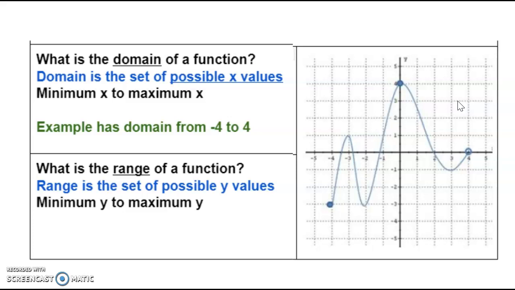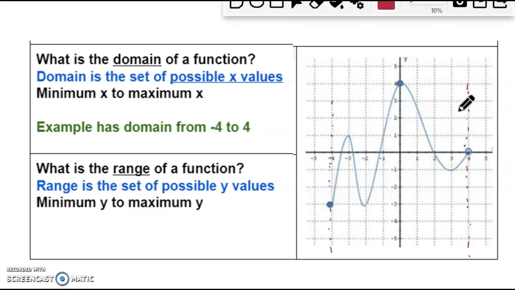So if I was to use my pen and draw here, it extends from, okay, that's the maximum y that we have, and then this is the minimum y. So it extends from -3 here to +4, right?